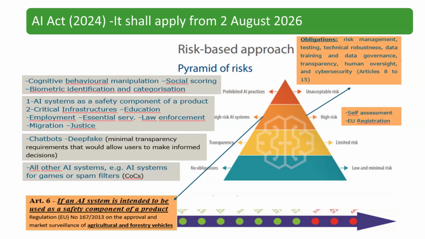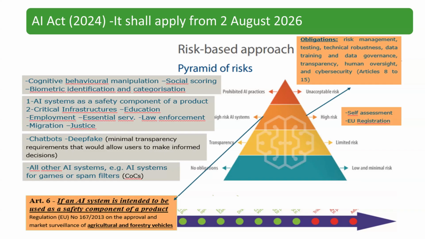For instance, they prohibited unacceptable risks like cognitive behavioral manipulation, social scoring, and biometric identification and categorization of individuals, etc. When it comes to high risk, it is allowed, but it's subject to certain obligations, like risk management, technical robustness testing, data training and data governance, transparency, human oversight, and cybersecurity-related obligations.